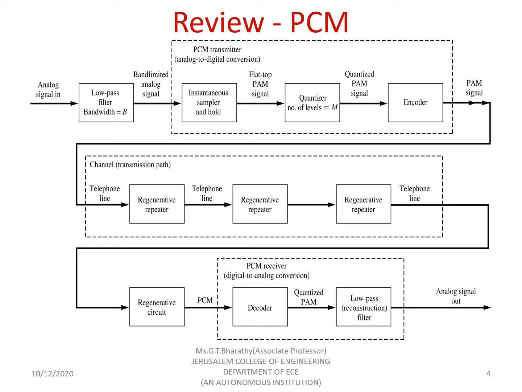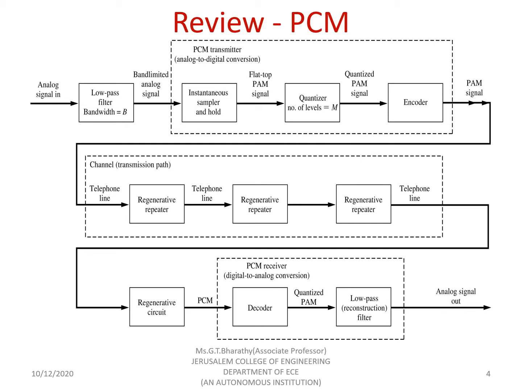It's pulse code modulation where the analog signal is given to a low pass filter having a bandwidth represented by B. That basically performs the band limitation. We also call this an aliasing filter, or anti-aliasing filter, which is used to reduce the aliasing process.